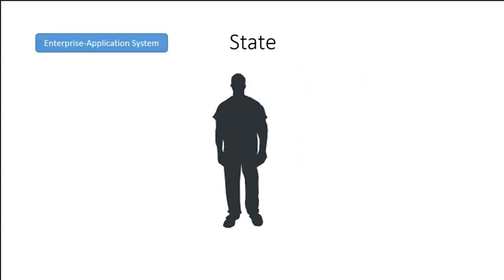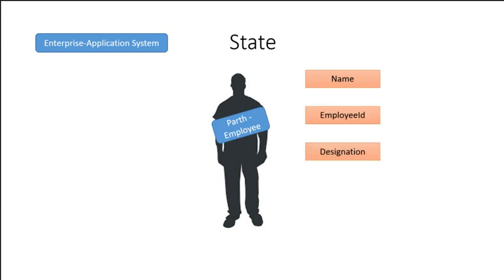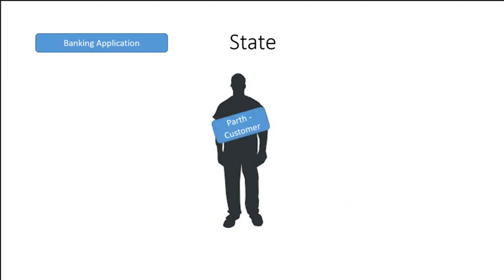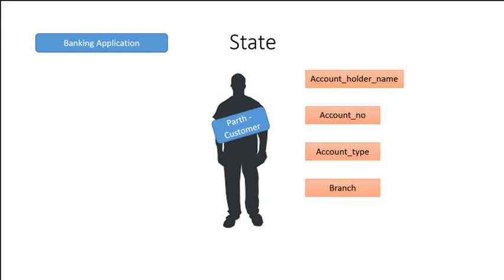Now, if we consider an enterprise application system, let's consider Parth as an employee and it will have variables such as name, employee ID, designation, email ID, salary, etc. Similarly, in a banking application system, let's consider Parth as a customer. So it will have variables such as account holder name, account number, account type, branch, balance, etc.